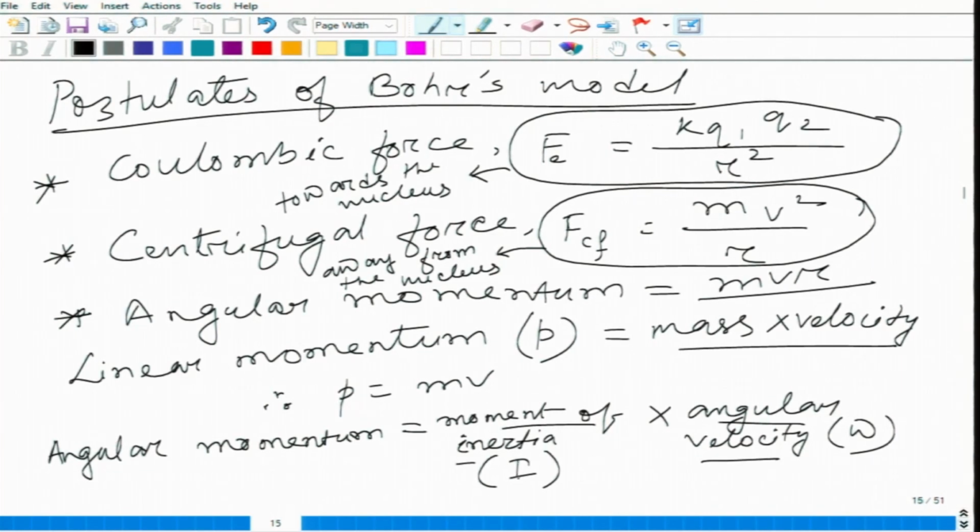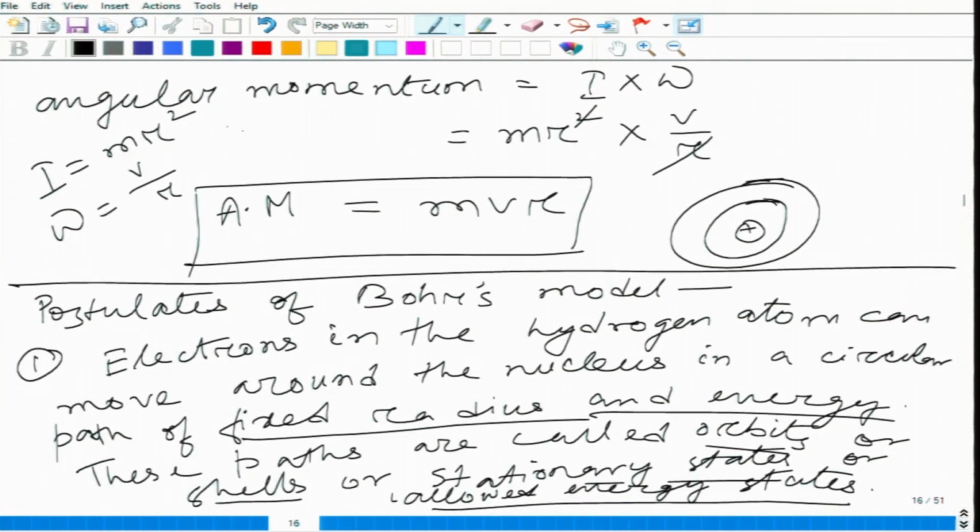Moment of inertia is written as I and angular velocity is written as omega. So, angular momentum equal to I into omega, I is equal to mr square and omega equal to v by r. So, we get the formula of angular momentum as mvr.